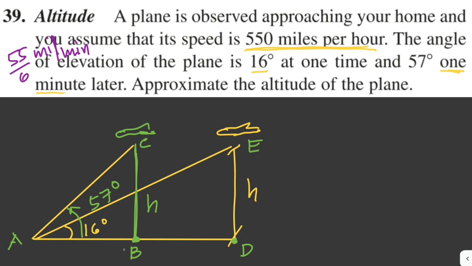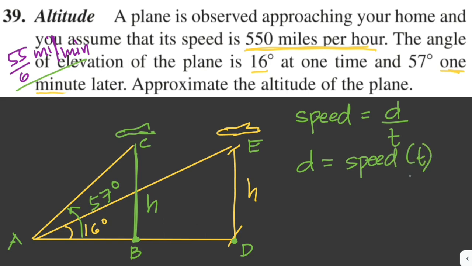So we already knew the speed of the plane, which is 55 over 6 miles per minute. Then we can calculate the distance BD by using the speed distance time equation. So using the formula of the speed, which is just distance over time, to solve for the distance, that is just speed times time.